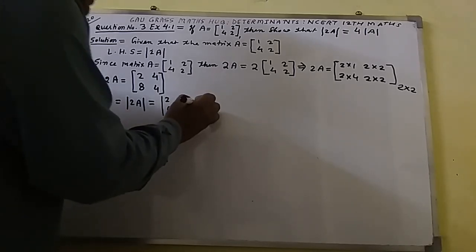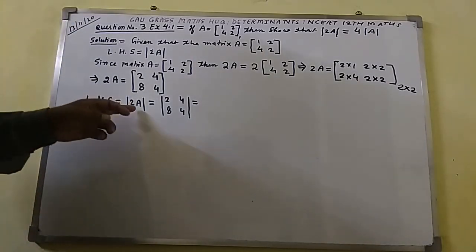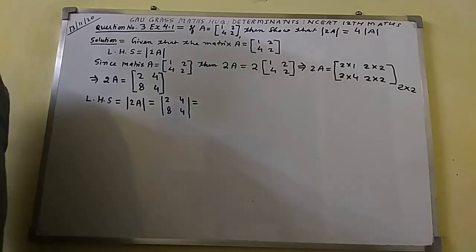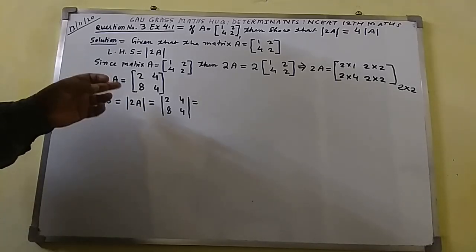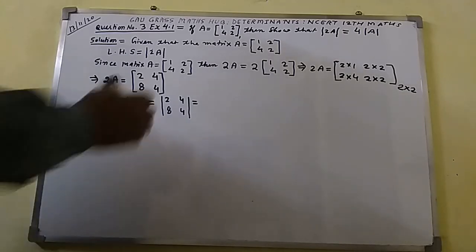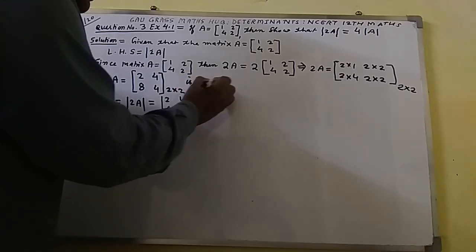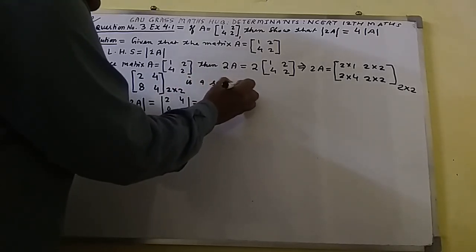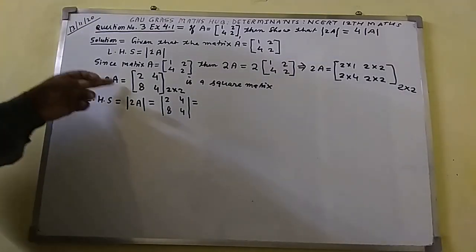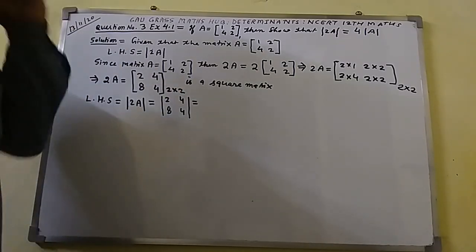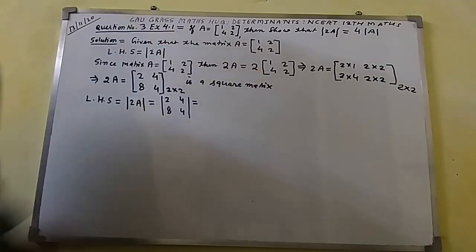Now get the value. 2A is a matrix of order 2 cross 2, so it is a square matrix.